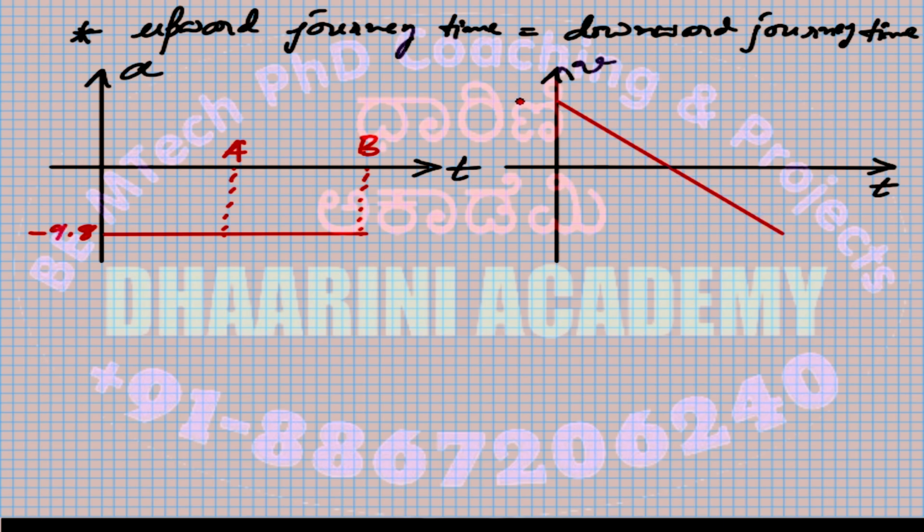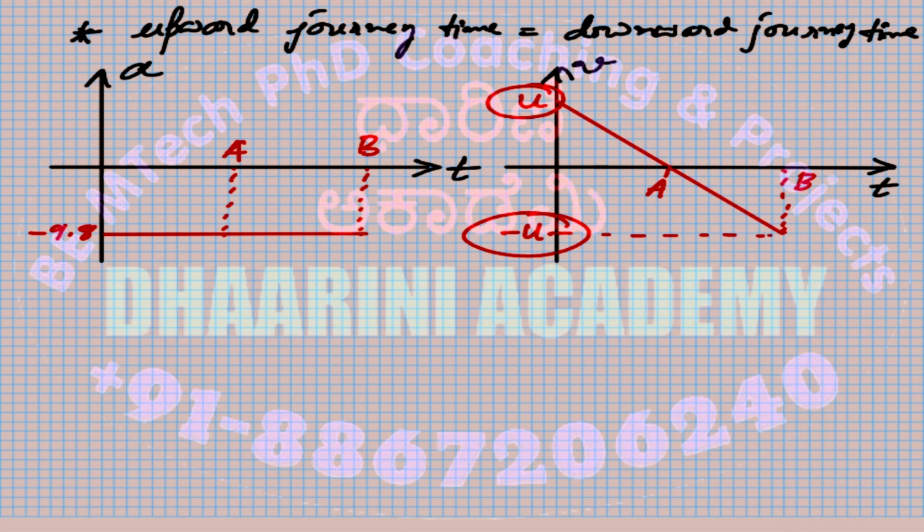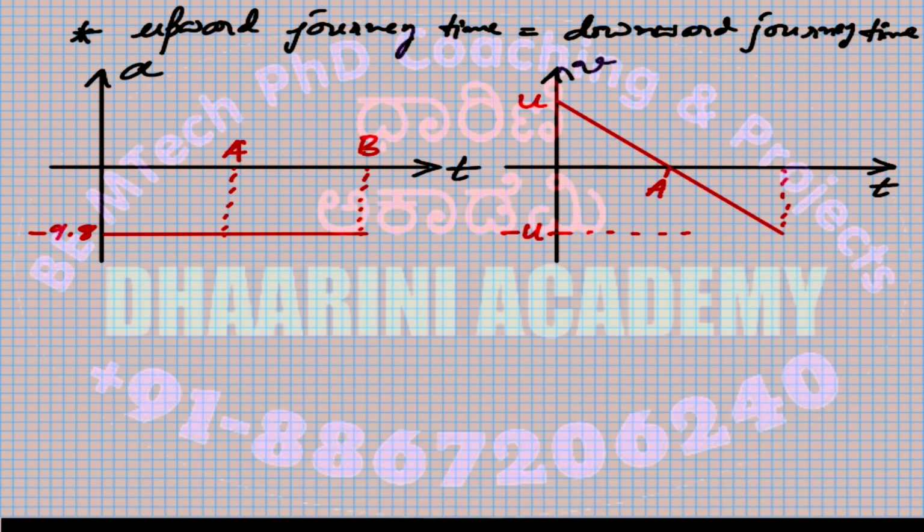So let's say this is initial velocity u, and final velocity will be minus u, because the object reaches the peak position at time t equal to A, and it comes back to ground at time t equal to B, and during the time it hits ground, the velocity's magnitude should remain same. That's why this u should be matched on the opposite side with the minus u sign. So the velocities are same in magnitude, but opposite in direction.